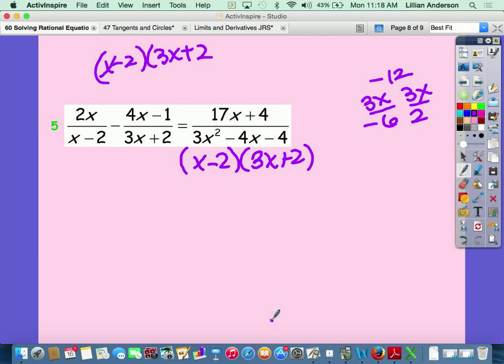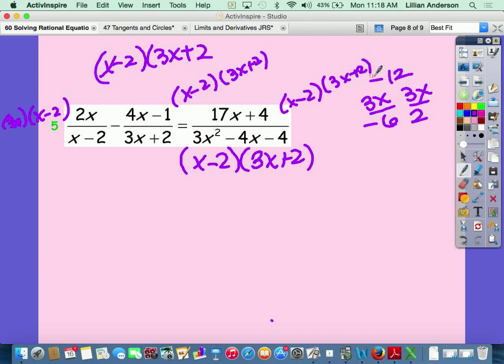And so that's what we multiply every single fraction by: x minus 2 times 3x plus 2. With the first fraction, what cancels out? X minus 2, so I'm left with 2x times 3x plus 2.